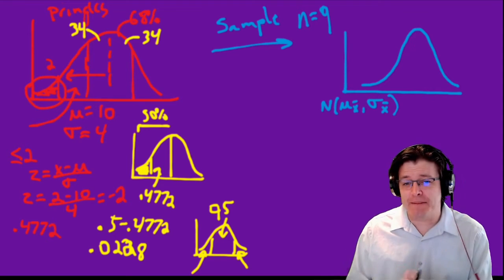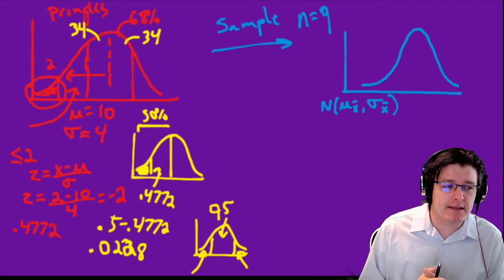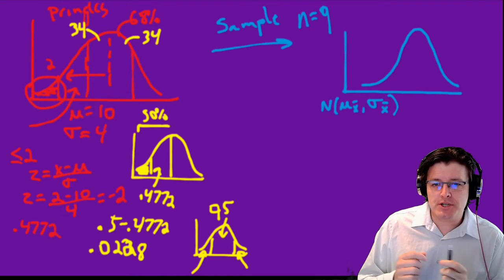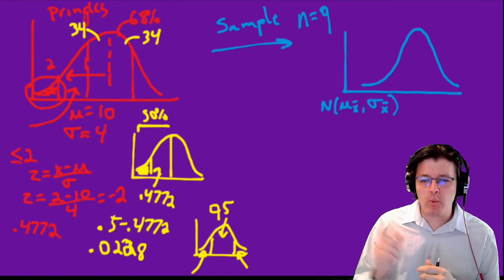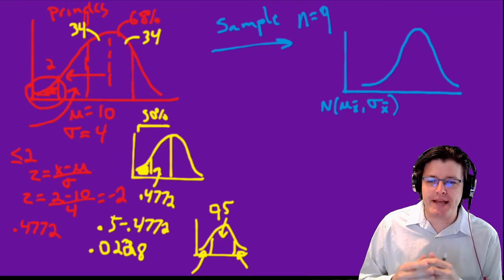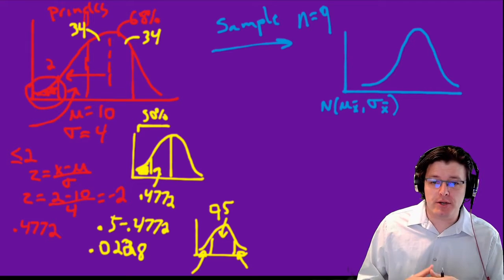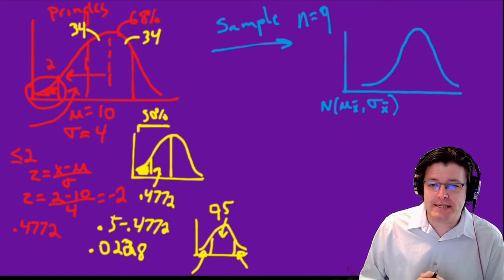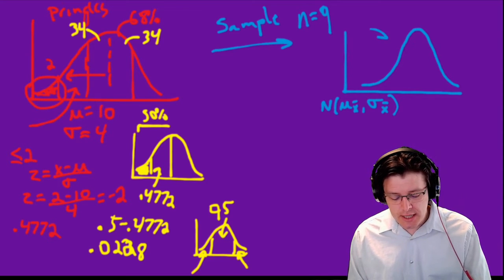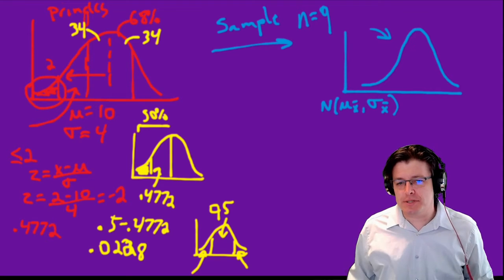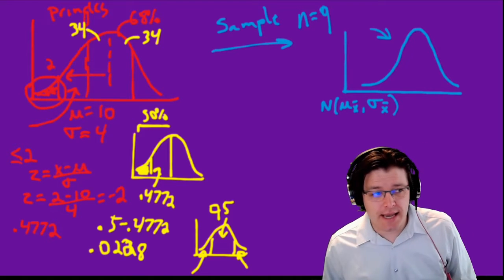Maybe we're watching 9 people open a Pringles can and see how many they eat. Again, what we're doing to build this distribution is imagining we do that a few billion times, or however many different combinations there could be. So this distribution is all of the possible samples of size 9 that we could take.